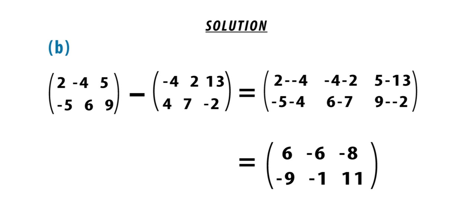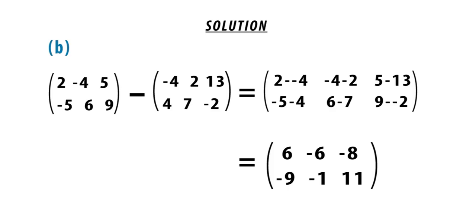That will be equal to 2 minus negative 4, negative 4 minus 2, 5 minus 13, negative 5 minus 4, 6 minus 7, and then 9 minus negative 2.